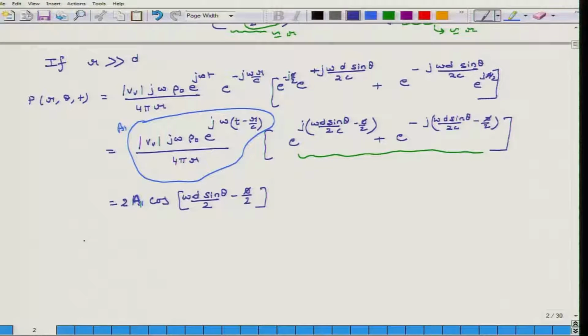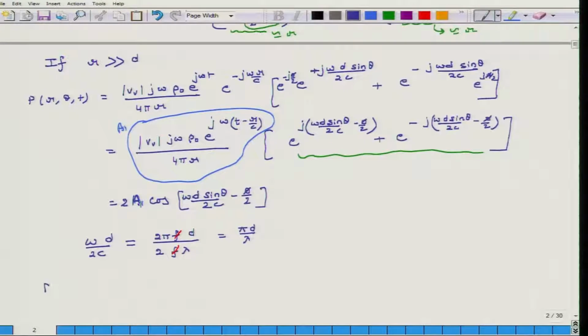Now, omega d over 2c equals, so what is omega? Omega is 2 pi f, d divided by 2 times f lambda. So, f, the frequency, gets cancelled out, and 2 also gets cancelled out. So, this is equal to pi d over lambda.